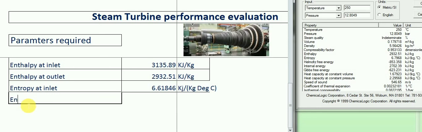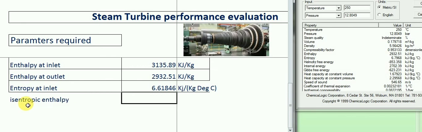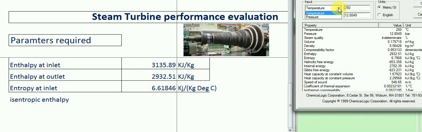Isentropic enthalpy is nothing but what the enthalpy at the outlet should be when the turbine is running at 100% efficiency. For that, we take the outlet pressure and the entropy at inlet, which will be the same for the outlet: 6.61846.